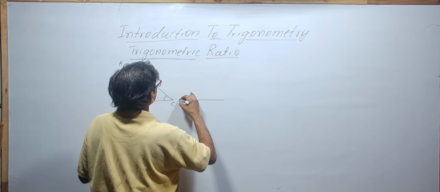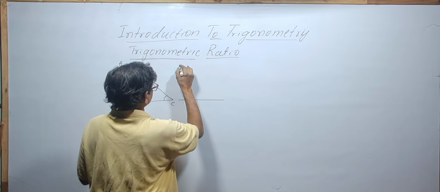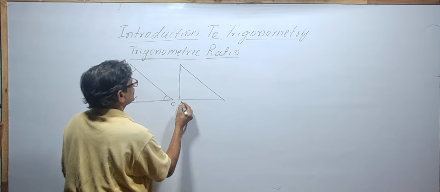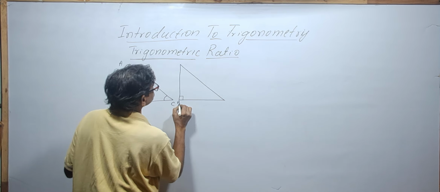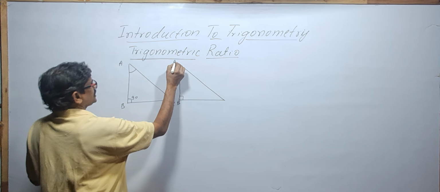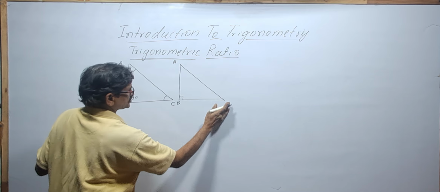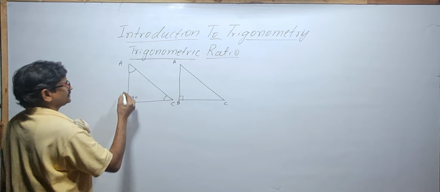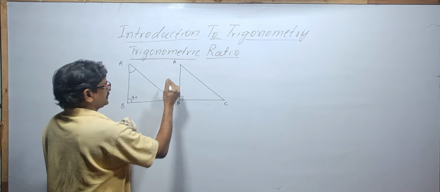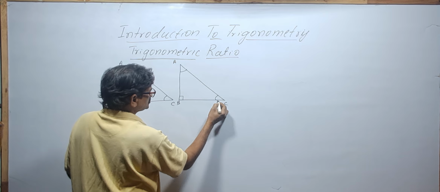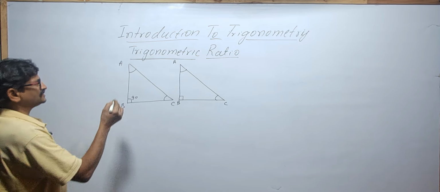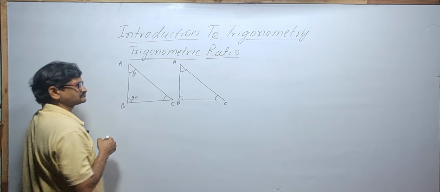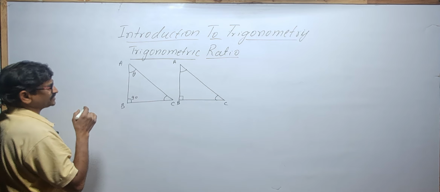I am taking a triangle with 90 degrees at B, and the other vertices A and C. These two angles are optional. I am taking angle A as theta.